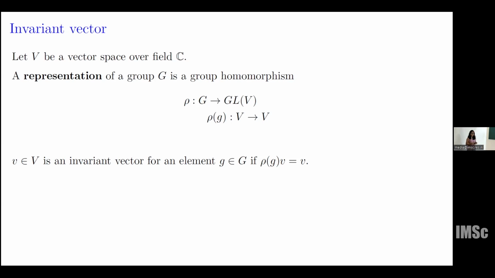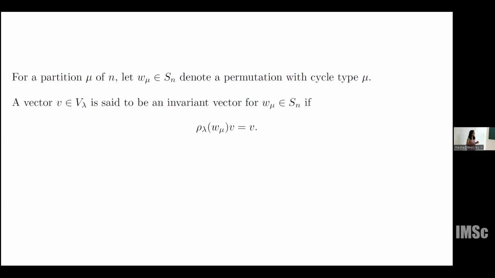Here I will be interested especially in the case of the symmetric group, where representations are always class functions. So this will be constant on the conjugacy classes, and I can mark the conjugacy class by the cycle type of the element. So I will be denoting w_mu for any permutation in S_n by its cycle type.